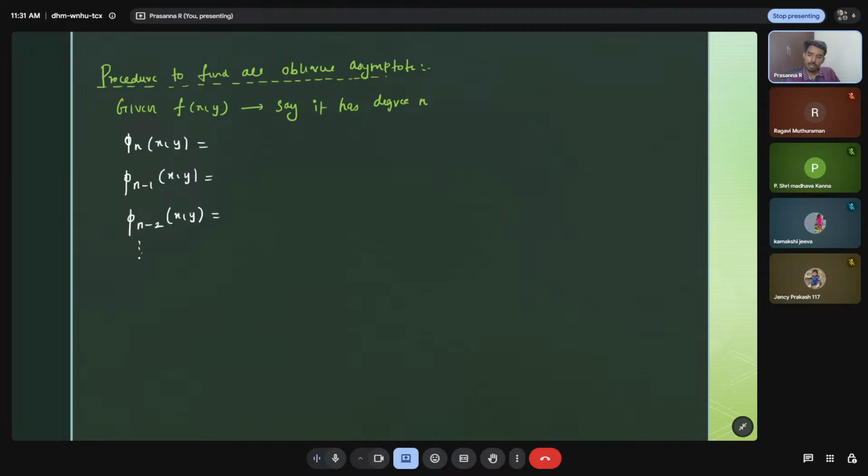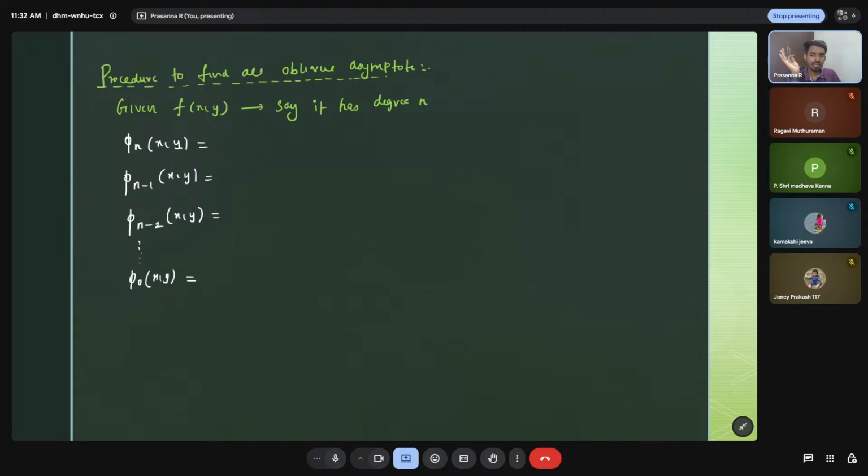You keep on until you collect all the constant terms. Maximum, your question will have highest degree 3. So you collect all degree 3 terms, degree 2 terms, degree 1 terms, and then the constant term. 99.5% your question will be of degree 3 only.